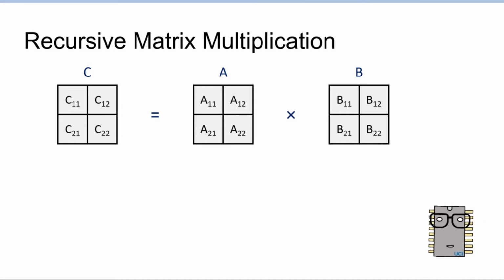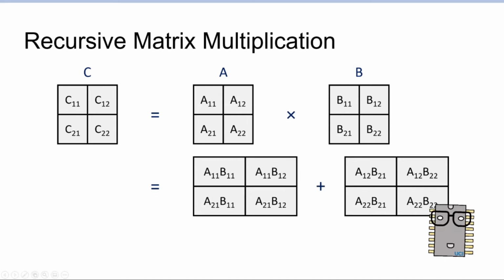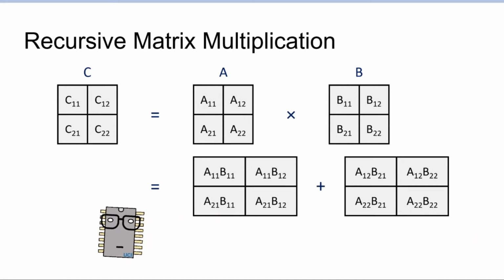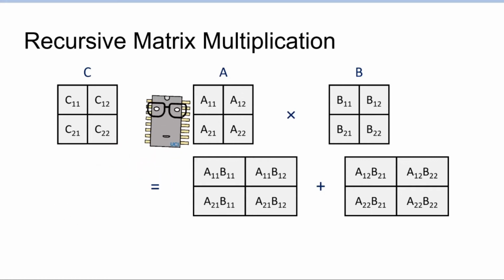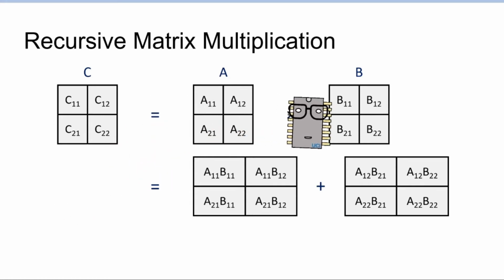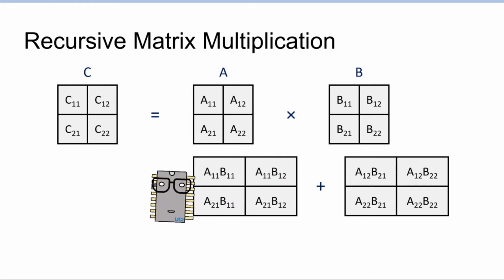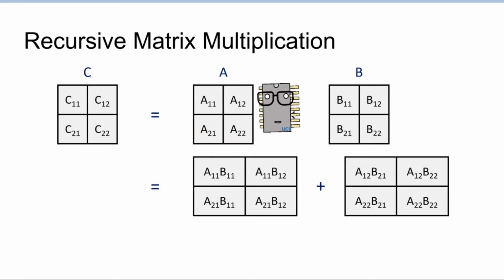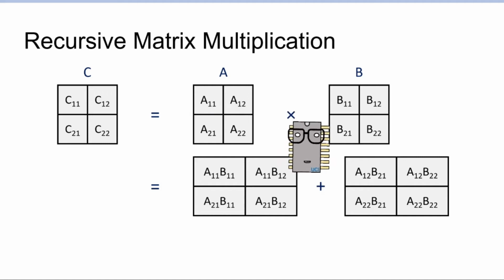If we do this, the formula for calculating the matrix multiplication becomes this. We multiply A11 by B11 here, and then we add A12, this one up top right, multiplied against B21, bottom left.